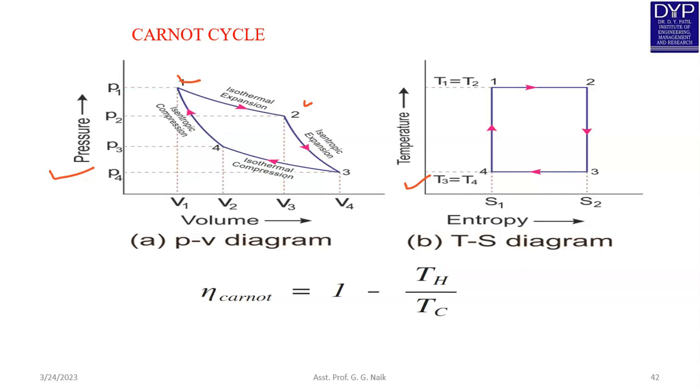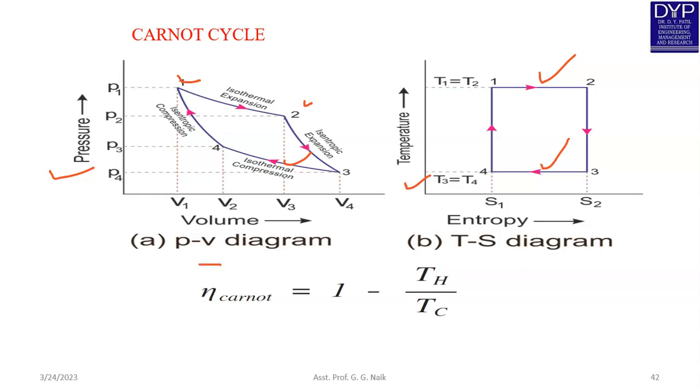Here if you see, during 1 to 2 process temperature remains constant, and during 3 to 4 process temperature remains constant. So 1 to 2 and 3 to 4 processes are called isothermal processes, that is constant temperature processes. Okay, so I hope you understand the different processes involved in the Carnot cycle.